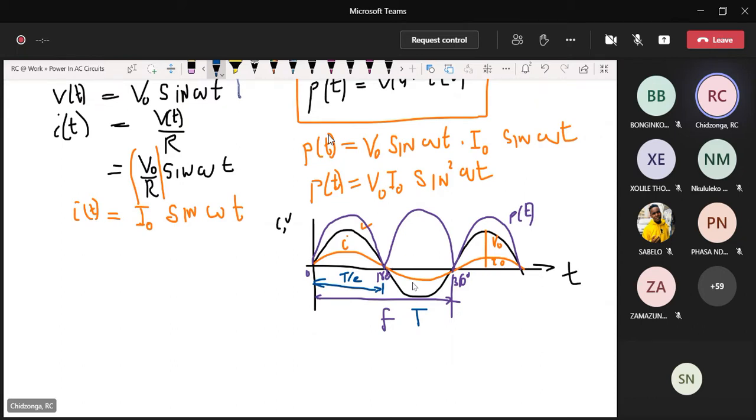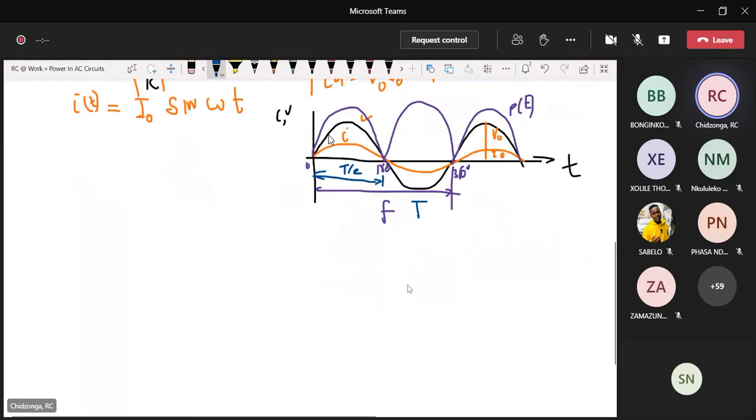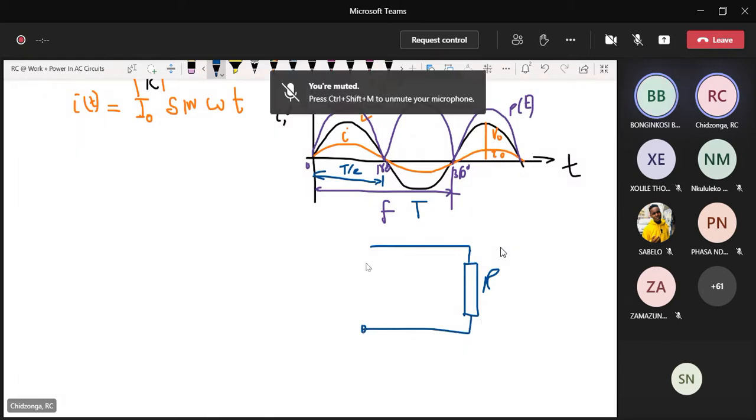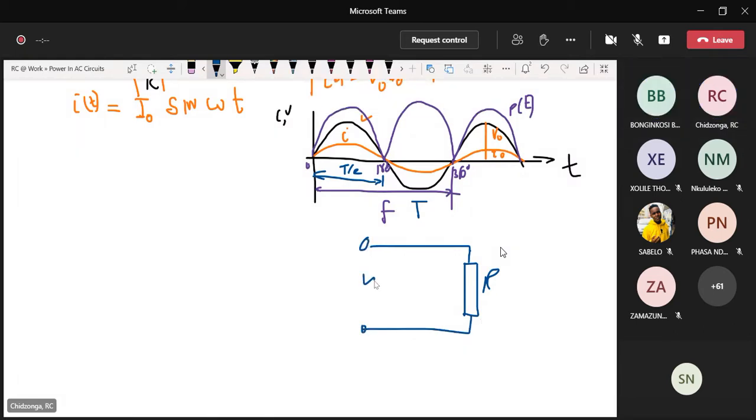All right? Now, if you take a heater, I'm sure all of you have been to the lab, right? If you take a resistor and you put an AC source, now you know that this is the type of signal. This resistor here, if it's a heater, it's surely going to heat up and give power.